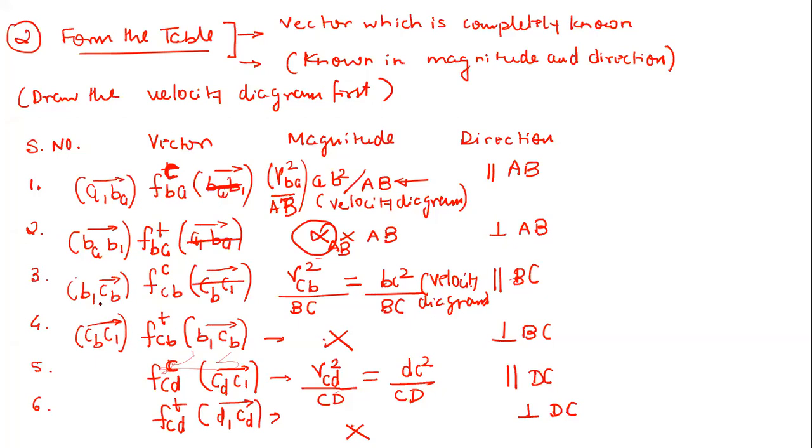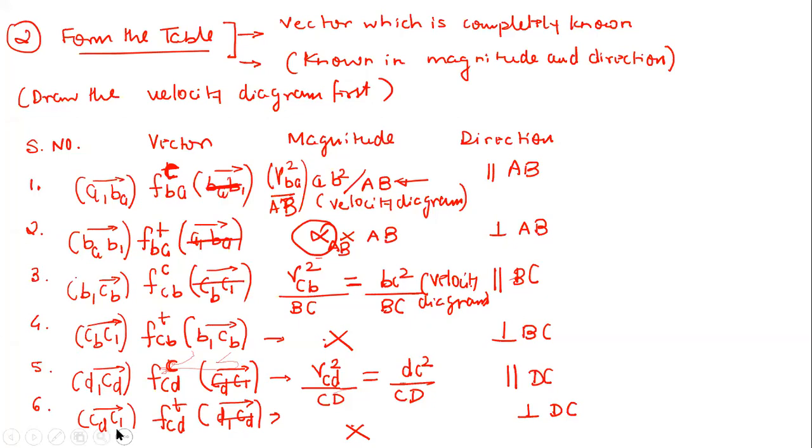I made this mistake last time, so now let me correct it here. Again, this will be d1 cd, because this is the centripetal component, so it will be the d1 cd vector, right? And here it will be the cd c1 vector, right? The remaining things are the same.